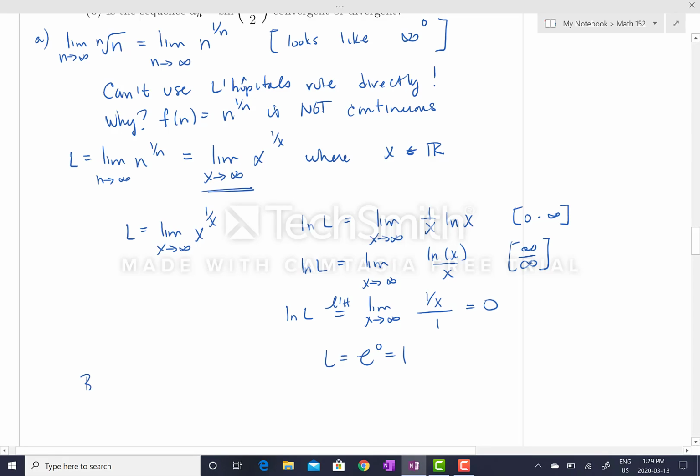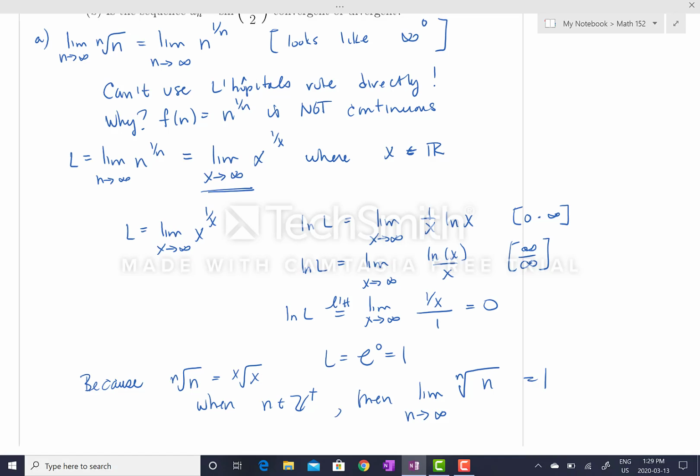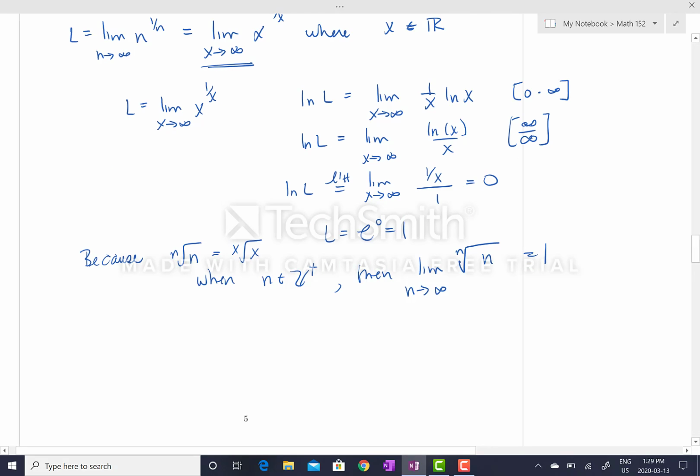We are saying, because n to the n is equal to x to the x when n is in the integers, then the limit as n goes to infinity of n to the n is also 1. So you just don't want to be differentiating functions that are not continuous. That does not make sense. That's the new wrinkle from Calculus 1 where you have seen this before.